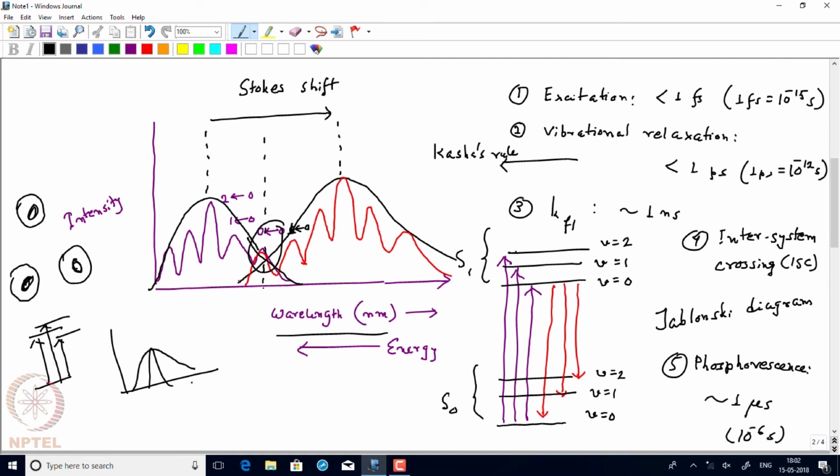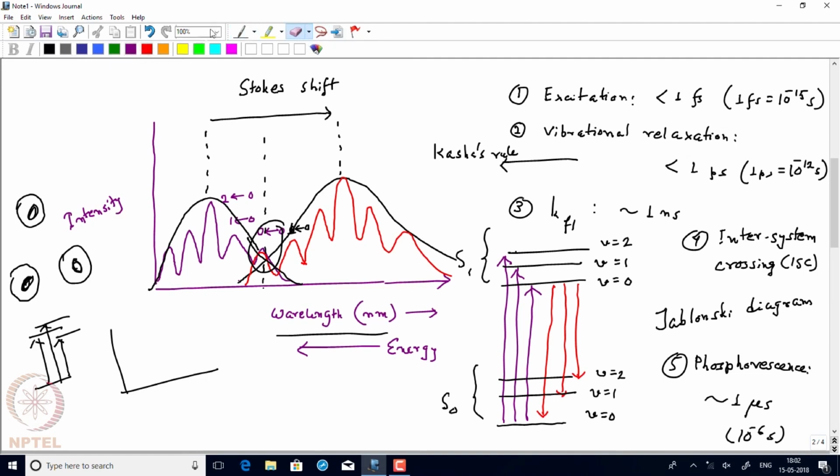Now suppose I had two transitions to begin with, which are very nicely resolved in the gas phase. Let me draw it like this.